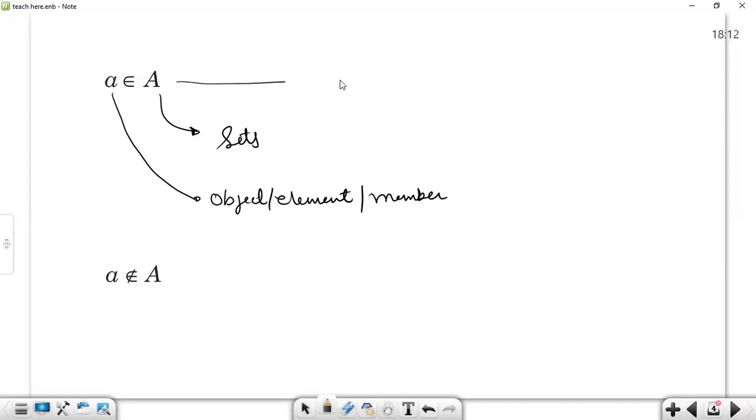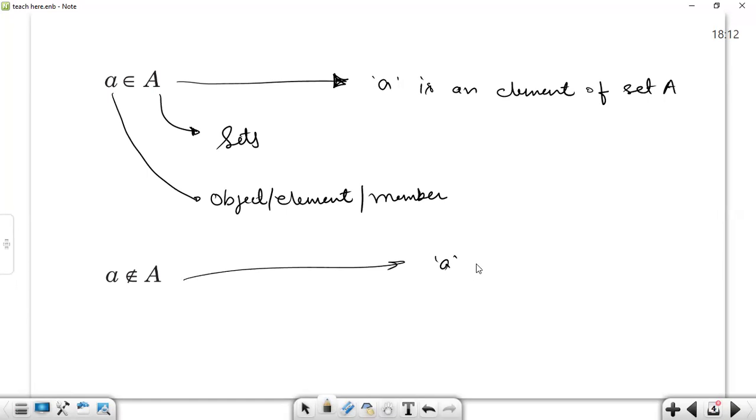So this statement implies that a is an element of set A. This other one says that a is not an element of set A. This is the meaning of this sign.